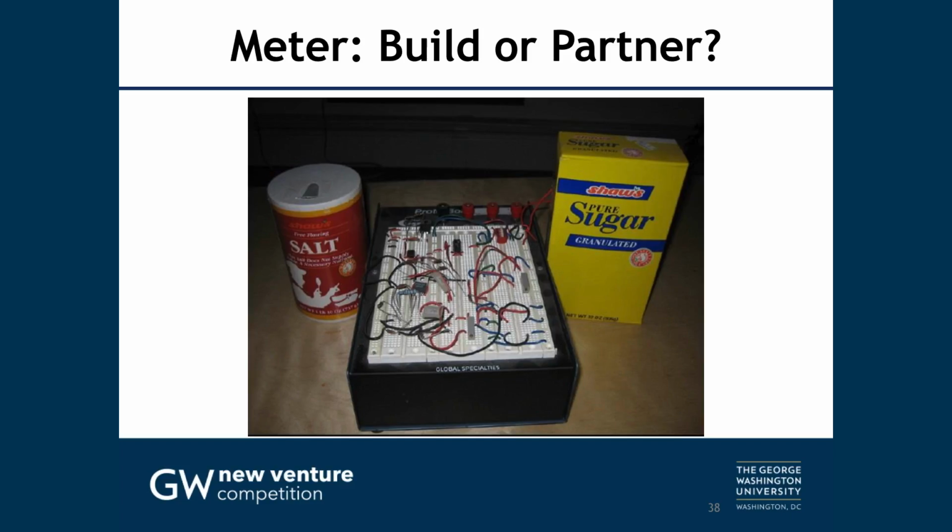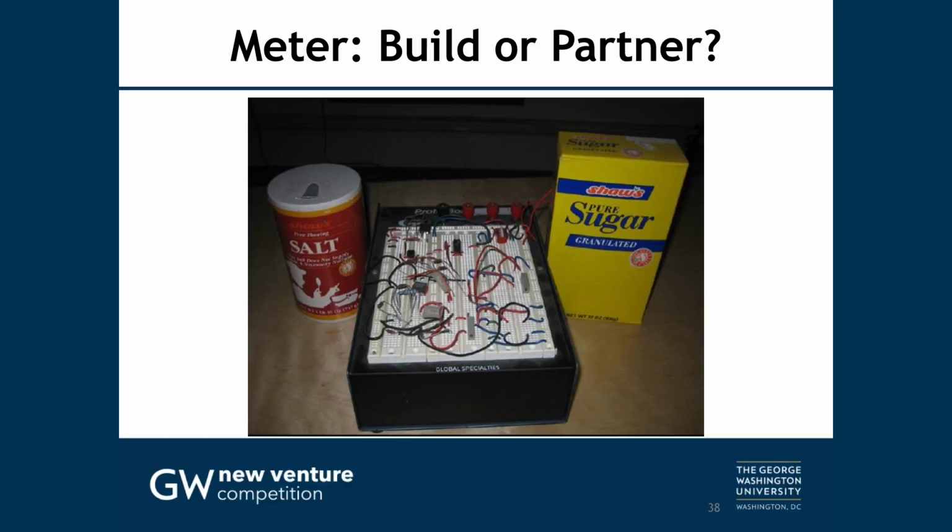Okay, now we had the build-or-partner question on the meter itself. For those of you who saw the first lecture, this is the first prototype of the meter. The question was whether we wanted to build our own manufacturing capacity or not.